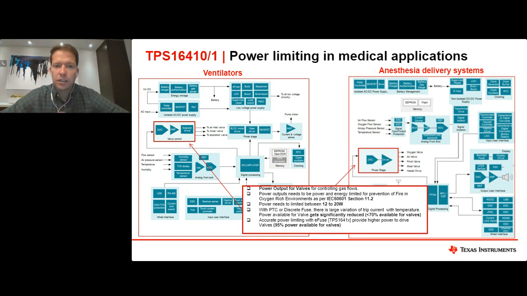And given oxygen gas is flammable, one of the things that the IEC 60601 section 11.2 calls out is the need for some type of power limit. So 10 VA power limit for the system. So with the TPS1641, this can help to optimize and make sure that you provide maximum power for these different subsystems.